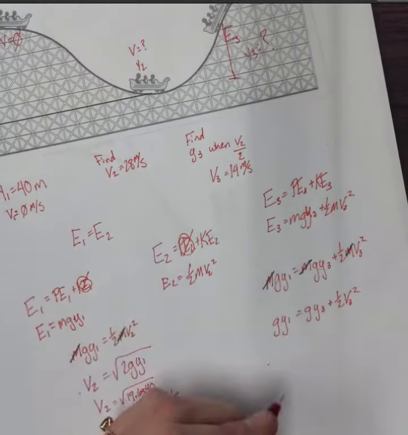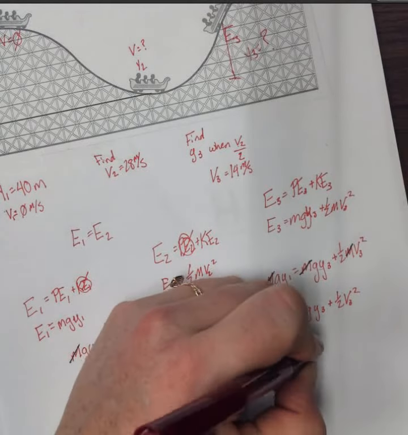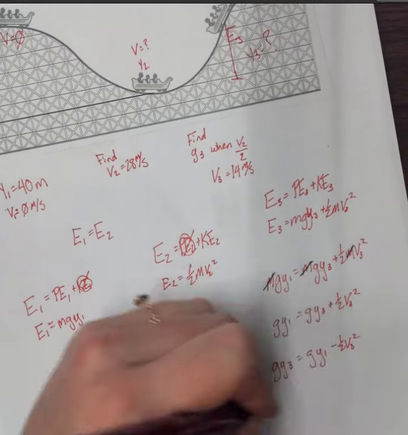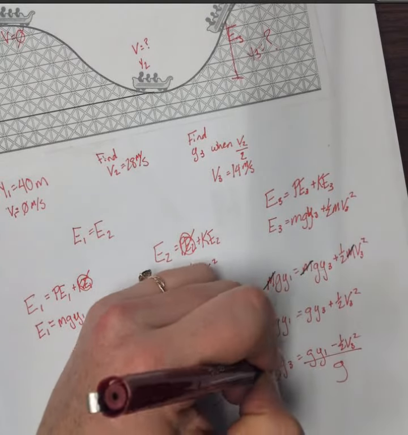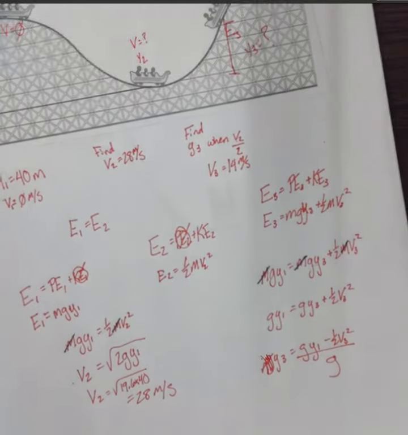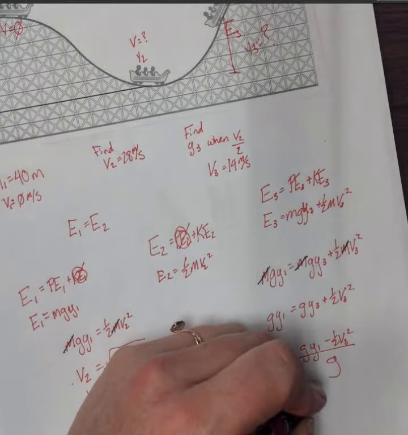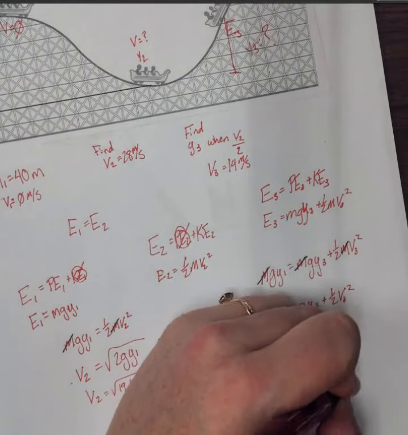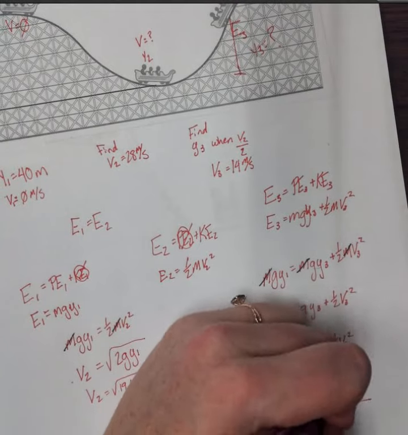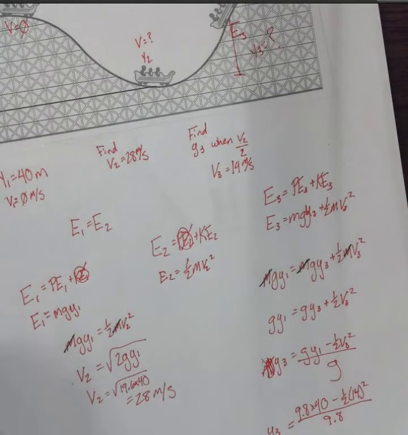Solving for y, I get that gy3 equals gy1 minus 1/2 v3 squared, and I'm going to divide by g. So y3 equals this value. So I'm going to say 9.8 times 40 minus 1/2 times 14 squared divided by 9.8 equals y3.